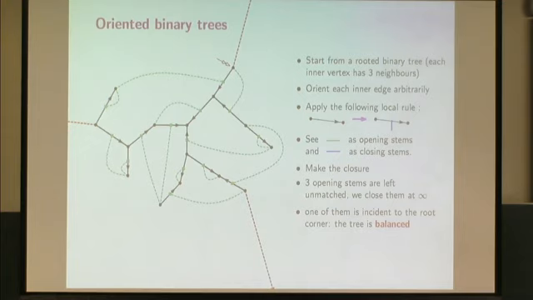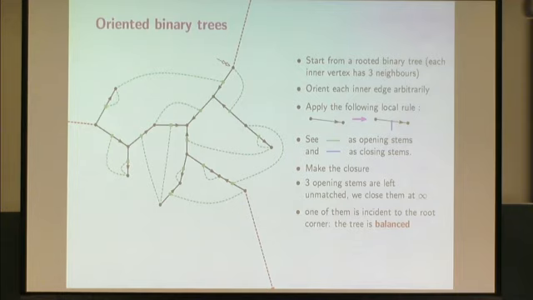This map is cubic. Each vertex has degree 3. The vertices in the tree had degree 3 at the beginning, and the vertices I inserted in the construction have degree 2 in the map, and receive exactly one closure edge that comes from the closing stem I inserted. So everybody has degree 3, and this map is bipartite.